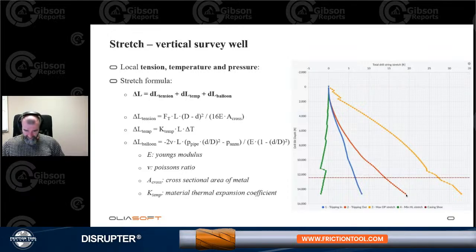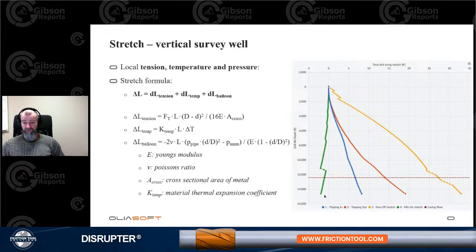I ran this analysis from about 15,000 feet. So what we see is the drill bit depth. Every point on this line represents an accumulated stretch value. So when we are at 15,000 feet, the total stretch when we start to pull it out is 18, 19 feet. And obviously when we're tripping in, it's not that much. It's actually gotten a bit longer there as well.